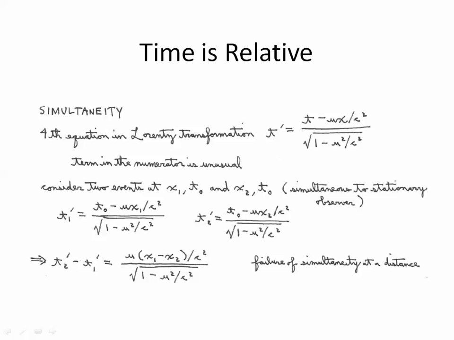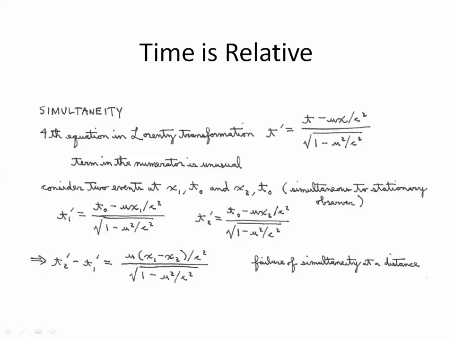We can use the fourth equation in the Lorentz transformation to calculate the times for the same events as observed when moving to the right along the positive x-axis with constant velocity u. This is our reference frame S prime as before, and because we choose y prime equals y and z prime equals z, we need only calculate the t1 prime for the event at x1 in S and the corresponding t2 prime for the event at x2.